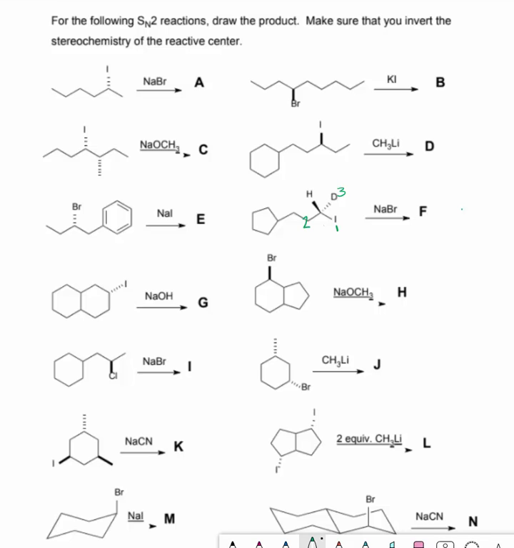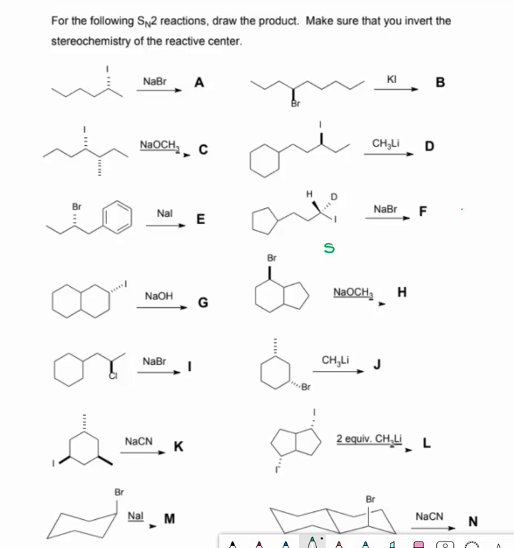The deuterium will get a 3 because hydrogen is going to be number 4. We rotate clockwise, but hydrogen is coming out towards me. So this is an S. So when I make the product, I need to make the product as an R configuration. Now, I wouldn't ask you to name something with a deuterium in it.